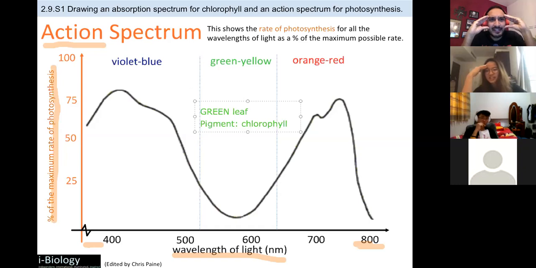I'm not sure if there is an answer to that. I see what you're saying, but I don't know the answer to that question. Because evolution hasn't gotten there yet, I'm not sure. Because it has to have some kind of color. Unless you had a clear plant, no wait.